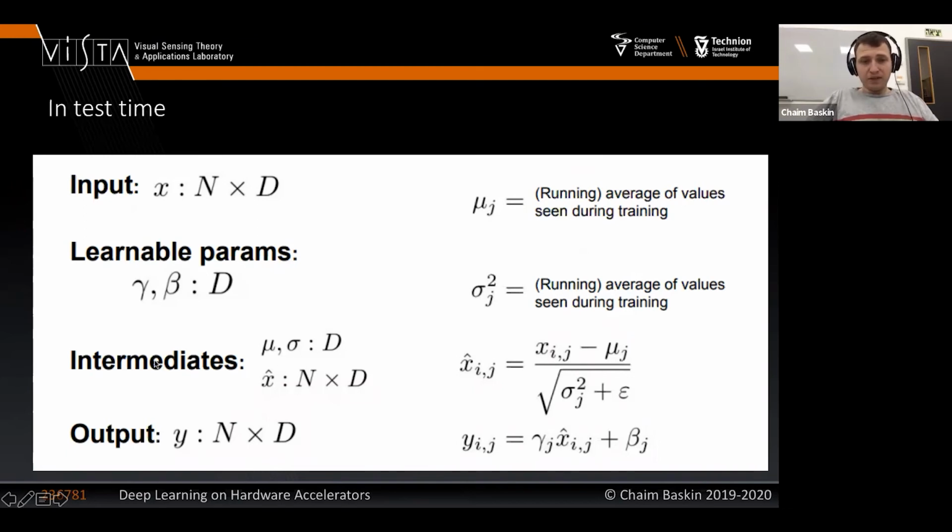Then our intermediates will have mu and sigma of size D, our x is N multiplied by D, and our outputs will be N multiplied by D. So the input and output dimensions are the same, of course. Okay, so this is how it works practically.